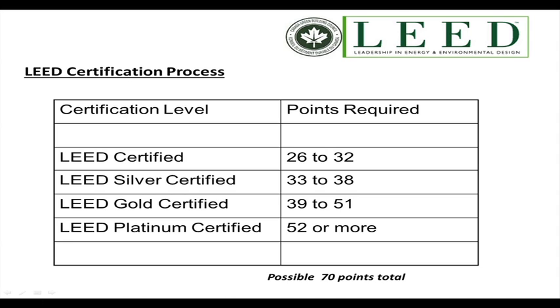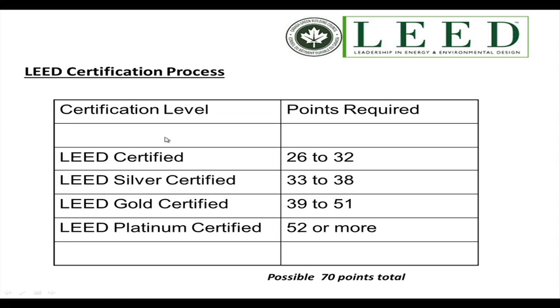There are different levels of LEED certification. There is a total of 70 points you can score, and you can go and look at more details on their website for LEED certification. The basic level is around 26 to 32 points. So you have to score slightly less than half to have the basic, and then there are silver, gold, and platinum certifications.